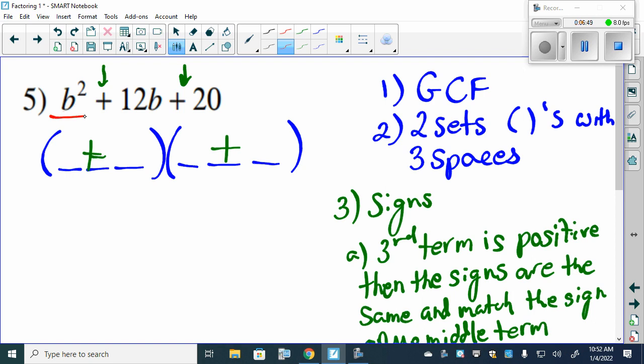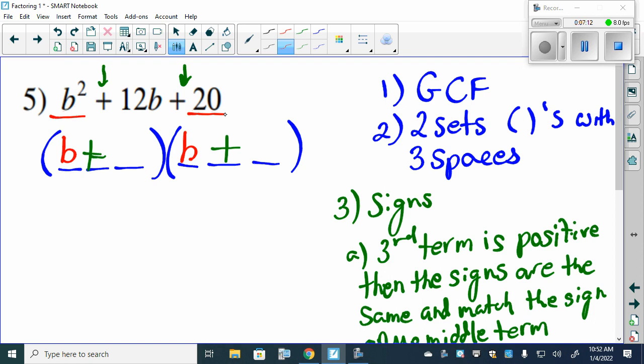The factors of b squared would be what and what? B and b. We can go on and plug those in because there are no other two things that multiply together to give us b squared. B times b is the only thing.